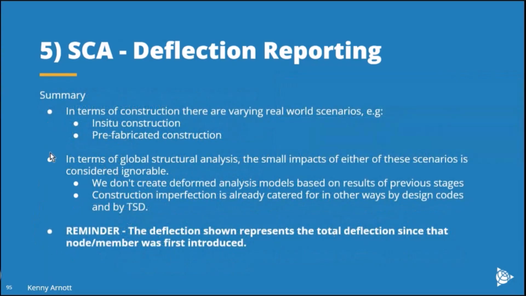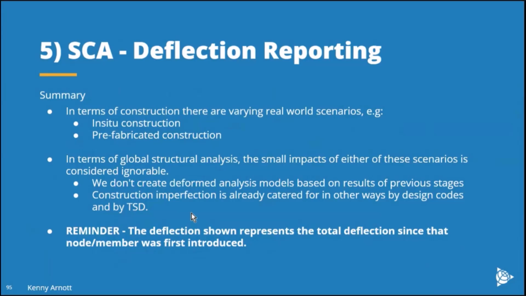So in summary, in terms of construction, there are varying real-world scenarios: in situ construction and prefabricated construction. We don't really care which of those two things it is for the purposes of a stage construction analysis. In terms of the global structure analysis, the small impacts of either of them can be considered quite ignorable.